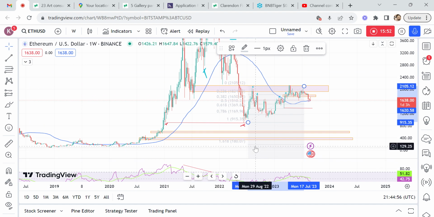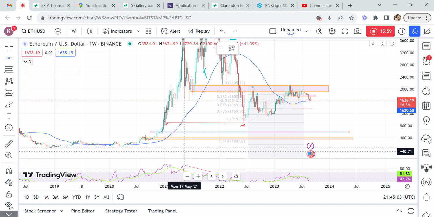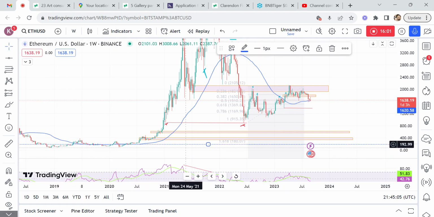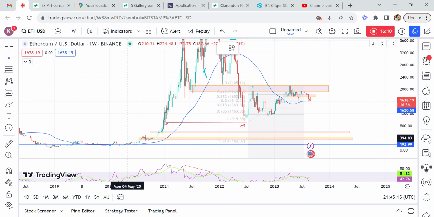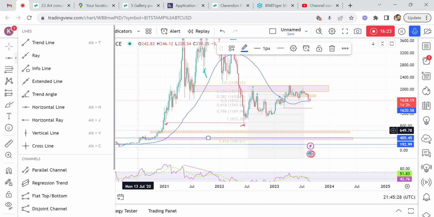All right, this is the 161 level. So let's go and get our horizontal line for us to get the level properly. All right, so this is the 161 level. And let me get our other block here. Let me put our rectangle right above the other block, and then have another rectangle here. Another horizontal line here at this level.